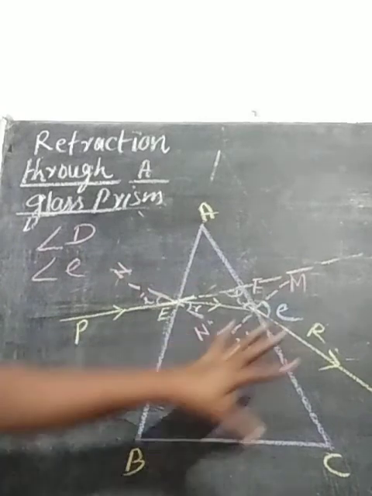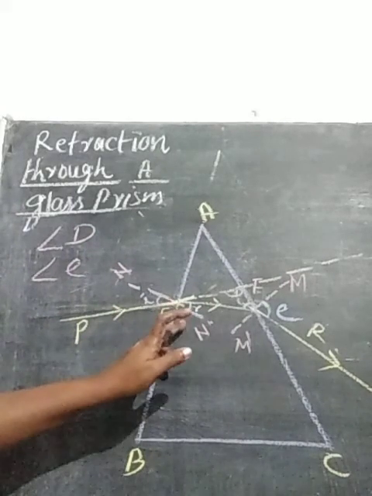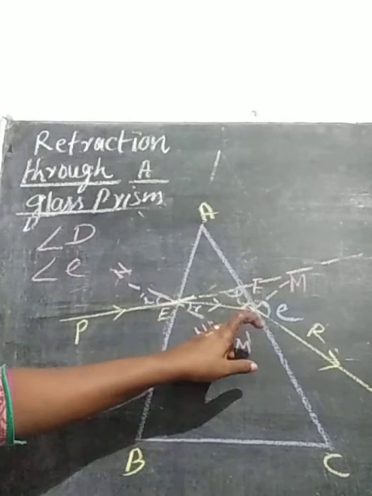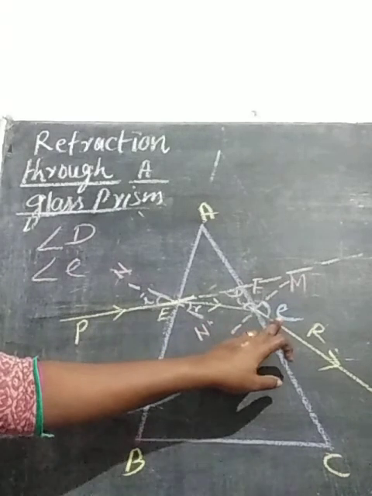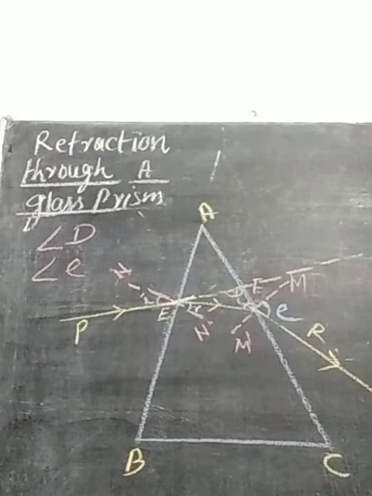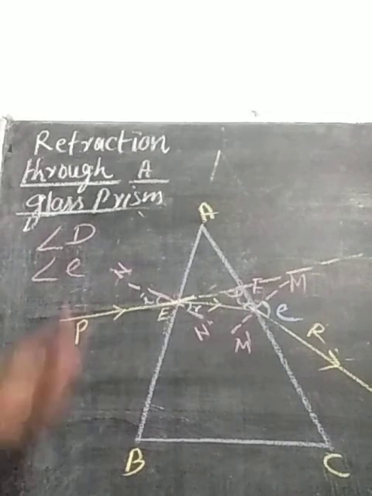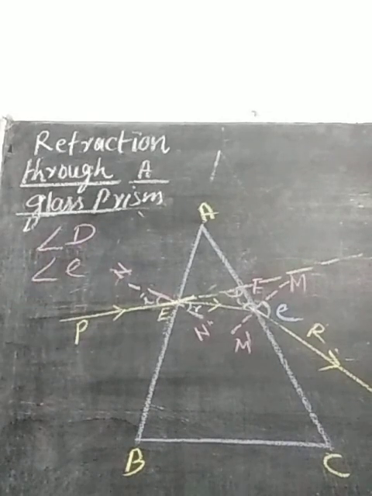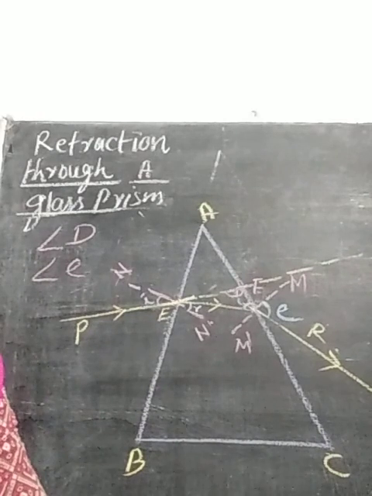So these are the different angles: angle of incidence, angle of refraction, angle of incidence for the second refraction, angle of emergence, and angle of deviation is the latest angle here, the angle made by the normal direction of the incident ray and the emergent ray or finally refracted ray. That is written using capital D. So this is what happens when a light ray falls on the glass prism.